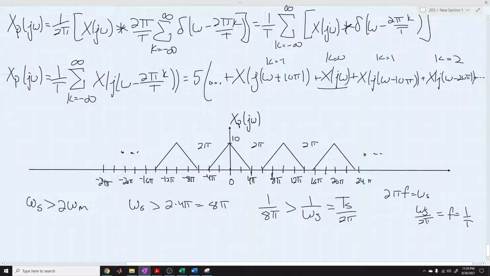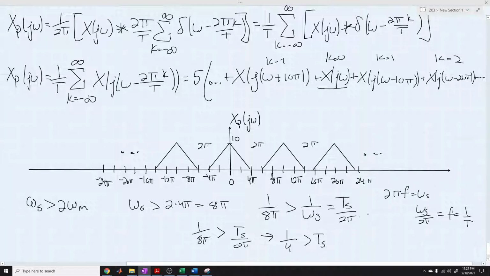So, let's write that right here. 1 over 8 pi must be greater than or equal to T sub s over 2 pi, which we bring over here, multiply both sides by 2 pi. We get 2 pi over 8 pi, so we get 1 over 4 must be greater than T sub s.